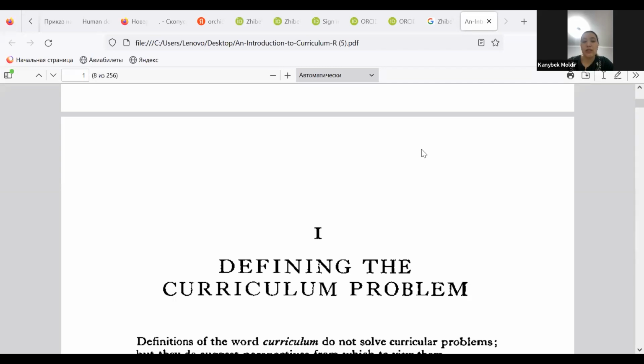Basically, the curriculum is what happens to children in schools as a result of what teachers do. It includes all of the experiences of children for which the school should accept responsibility. Yes, accept responsibility.